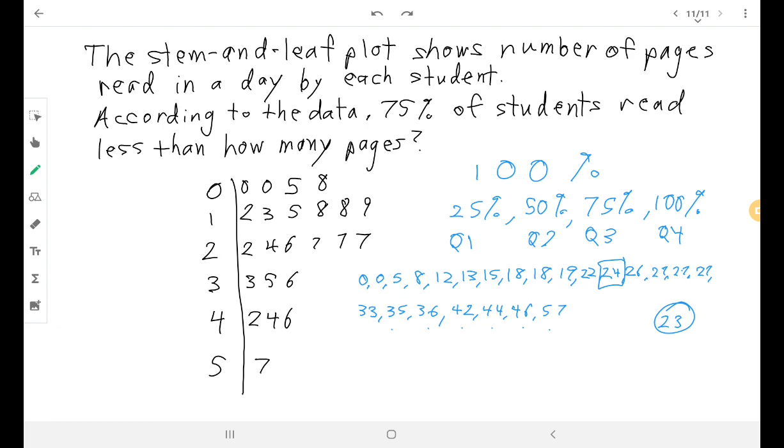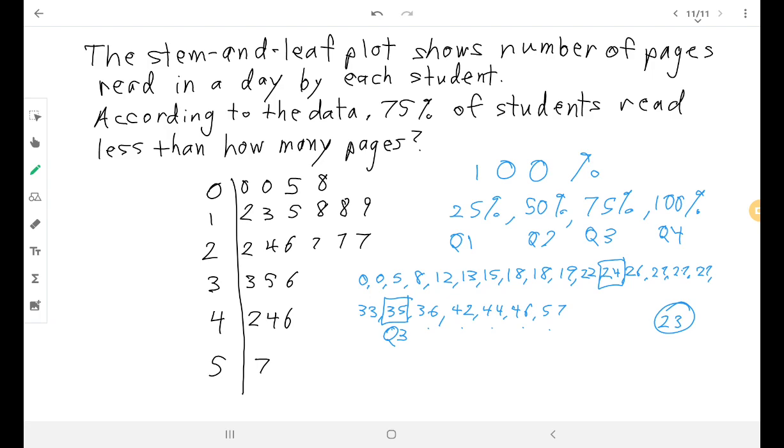And this is, by the way, the number of pages read by each student. So now we've got 11 on each side, which would mean 5 on each side, and then 1 in the middle makes 11. So I want to find the 6th one after this. So 1, 2, 3, 4, 5, 6. There's Q3.